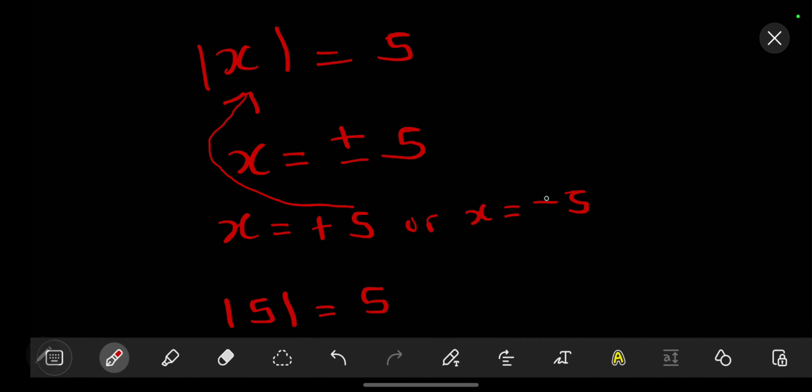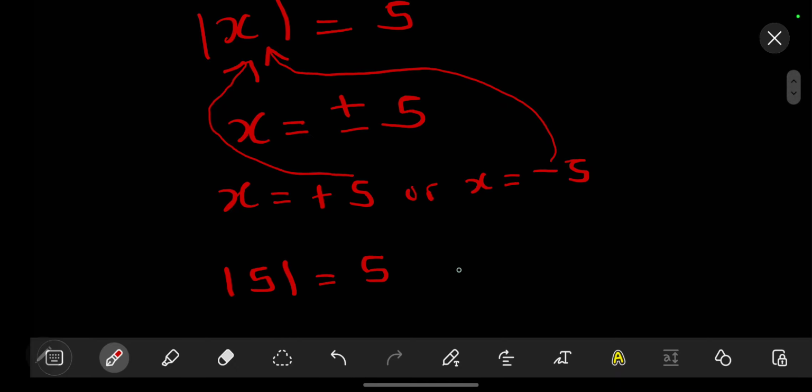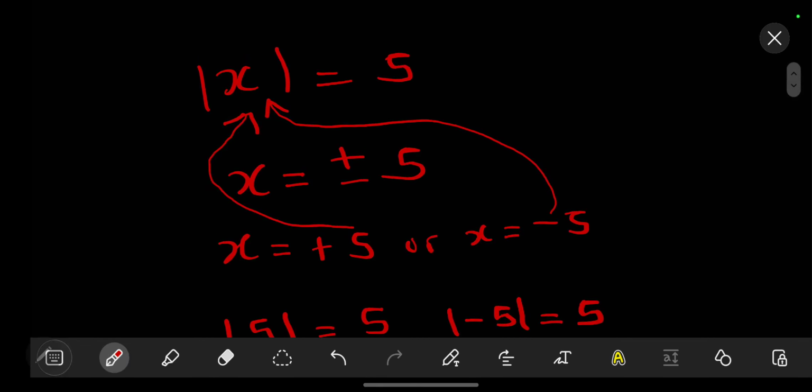If you put -5, we are going to have the absolute value of -5, which is 5. This is why when we are solving questions, immediately we remove the bars, we say positive or negative.